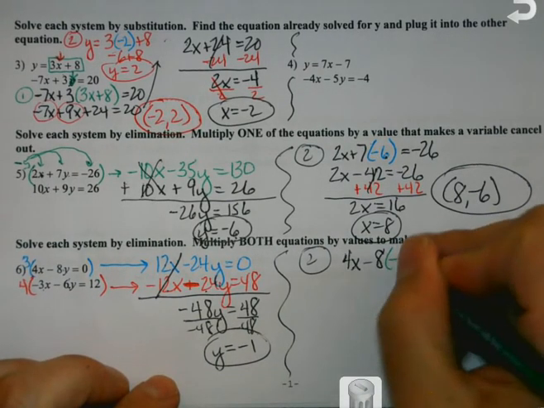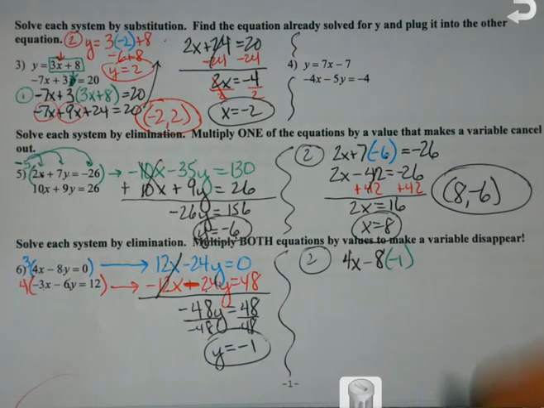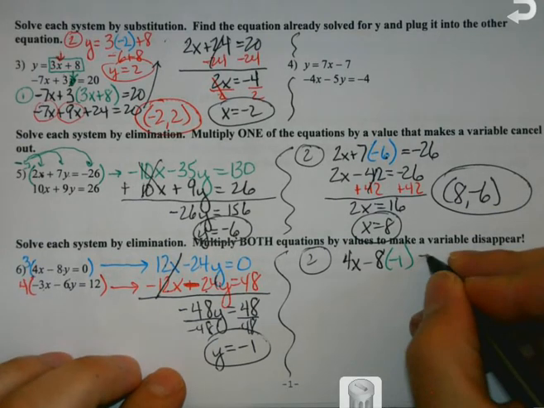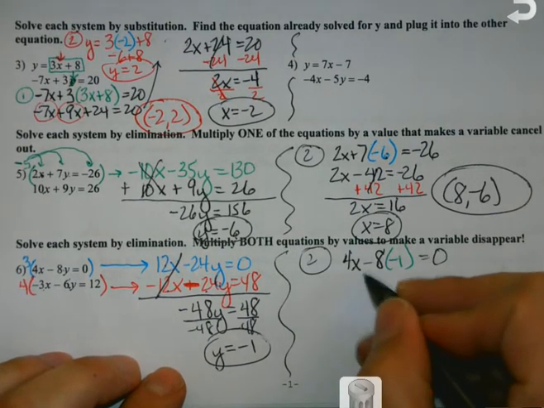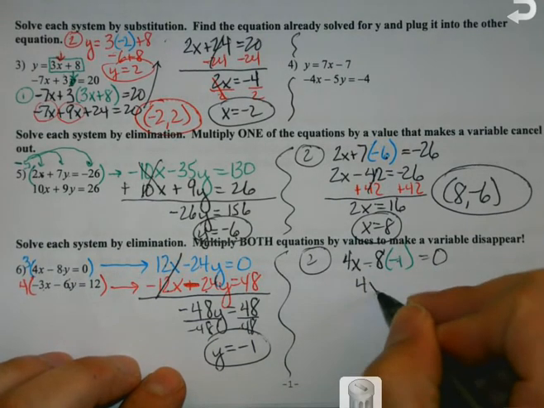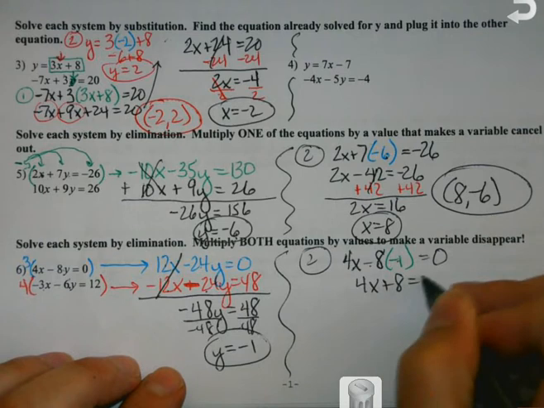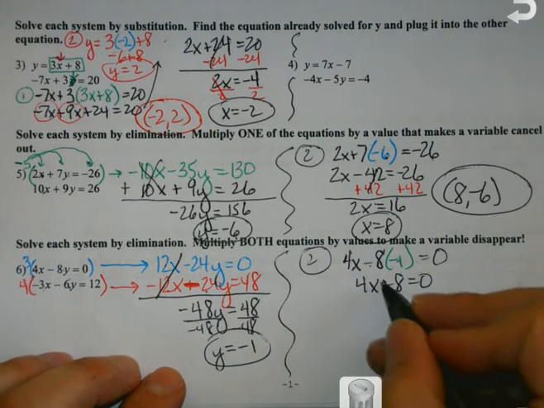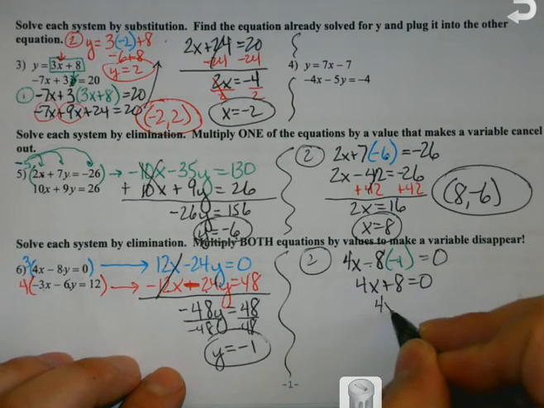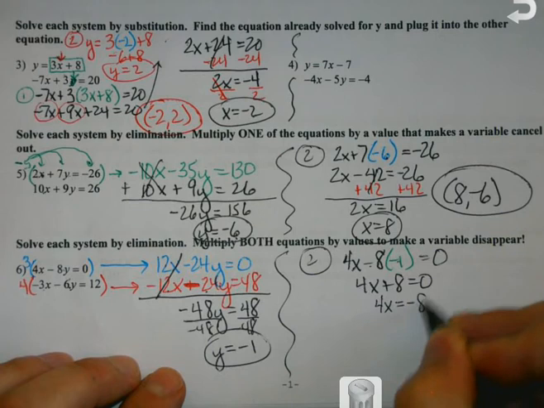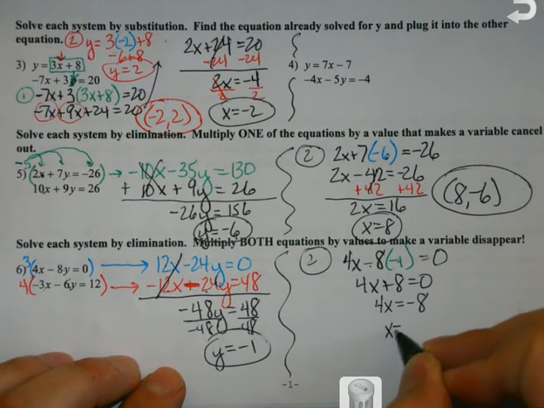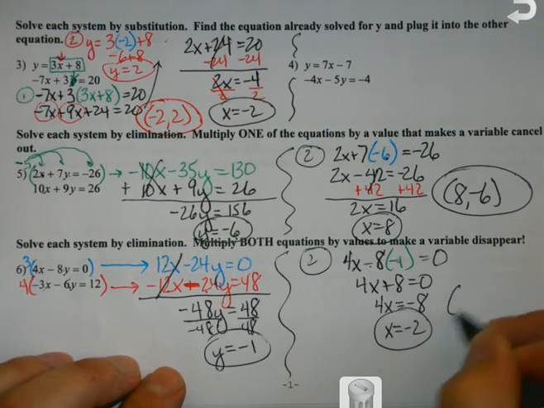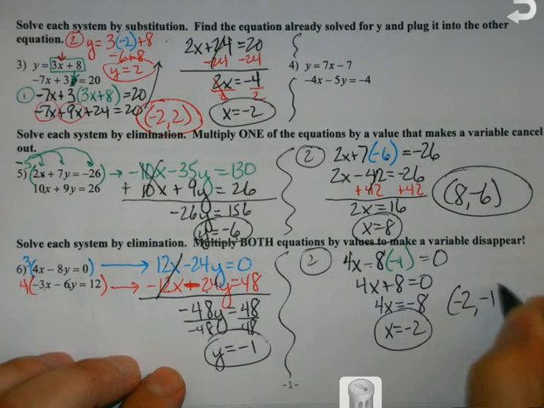We know what y is. It's negative 1. So we get to do elimination and substitution together. It's kind of cool. So negative times negative is positive. I'll subtract my 8 over and divide by 2. And get to my solution.